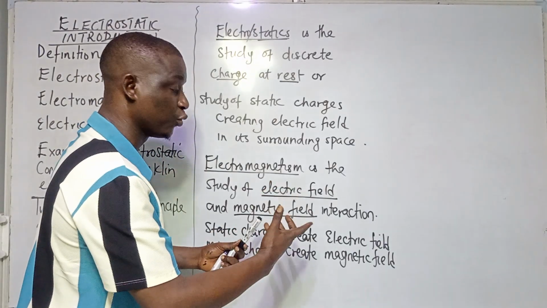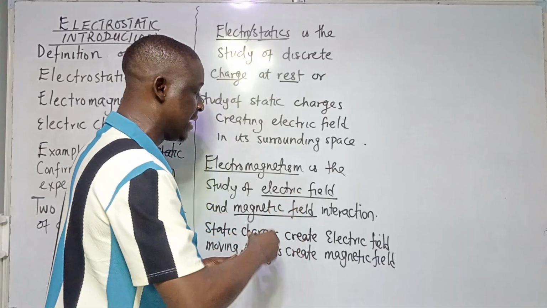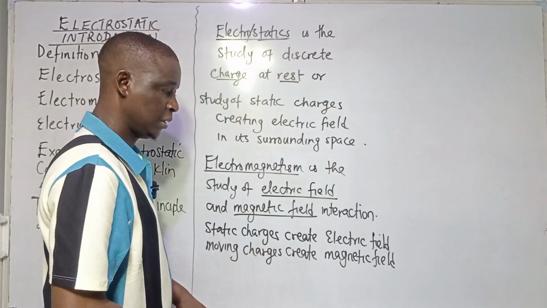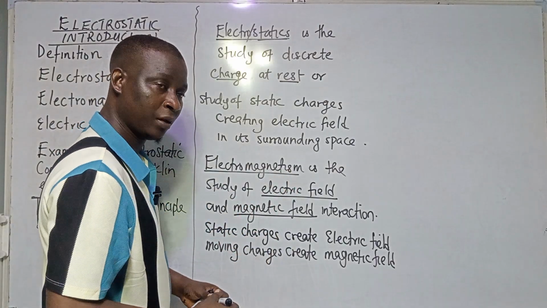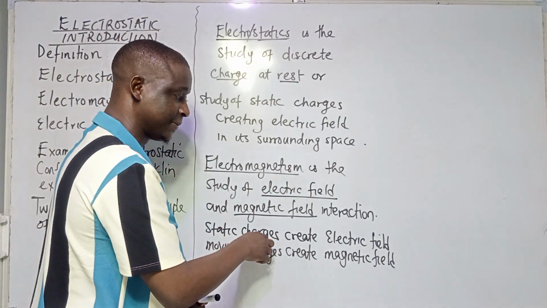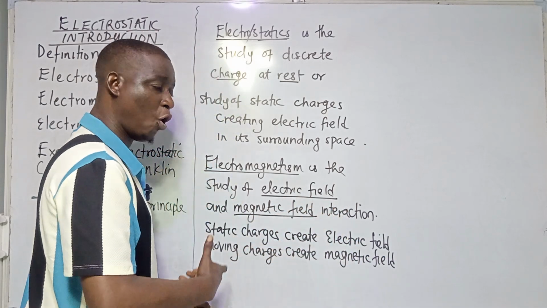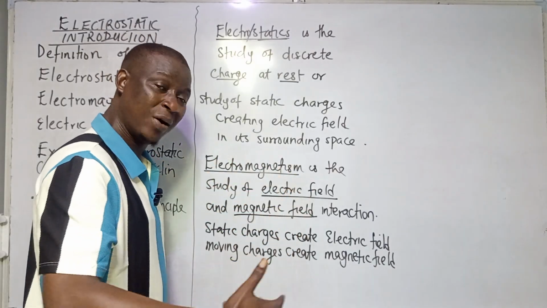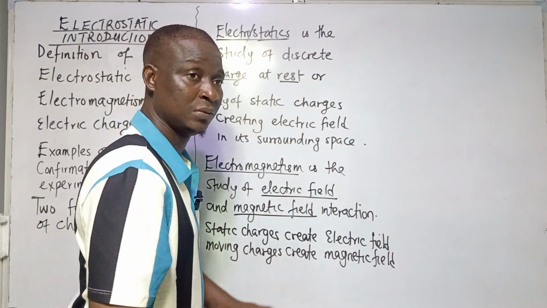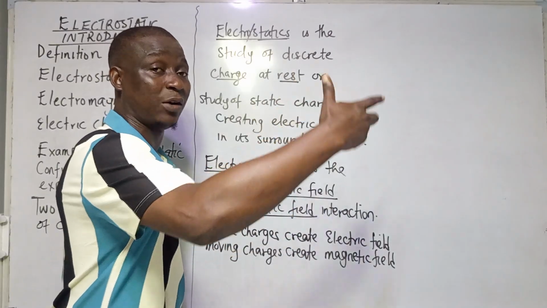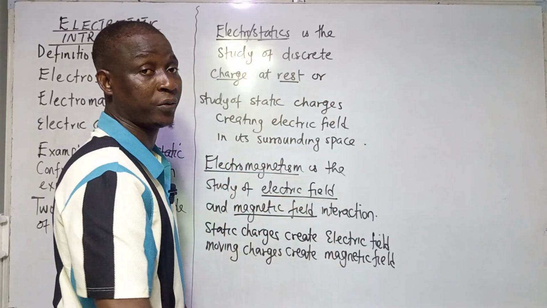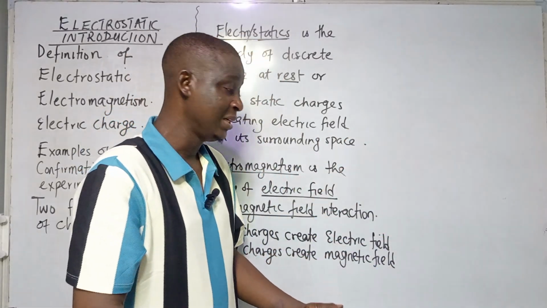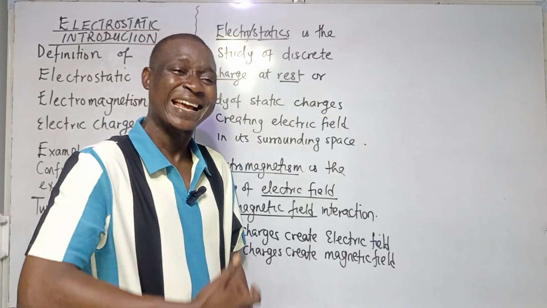We are trying to see how the electric field comes into play in electromagnetism, and how the magnetic field comes into play in electromagnetism. When moving charges go towards an external field, they experience a force.